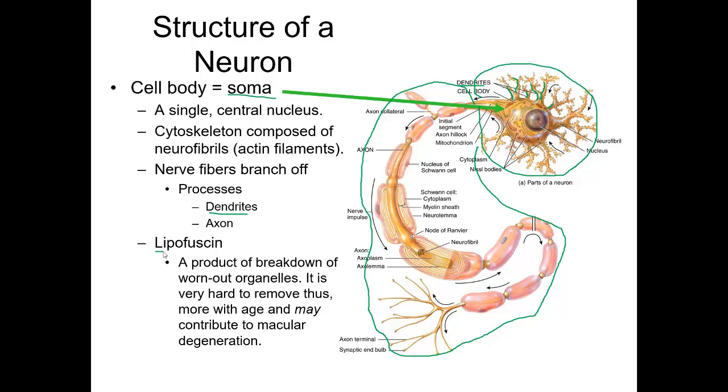This byproduct is called lipofuscin. Now, as we age, the amount of lipofuscin increases, and it may contribute to a condition called macular degeneration. Macular degeneration is when the retina breaks down and causes blindness.